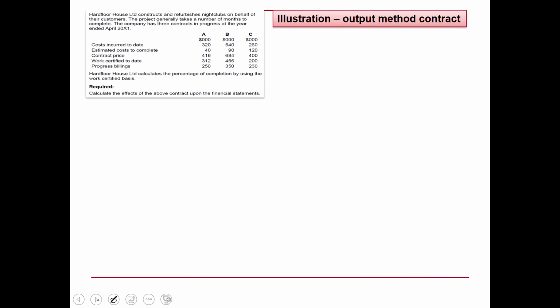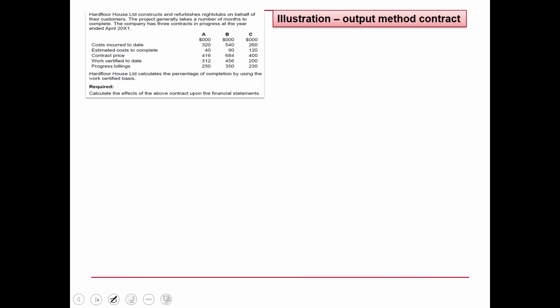So we are told the costs that we've incurred, what we are estimating to incur, the contract price, work that has been certified to date, and the progress billings, the invoices we've already sent to the customers. Hard Floor House Limited calculates the percentage of completion by using the work certified basis. Calculate the effects of the above contracts upon the financial statements.